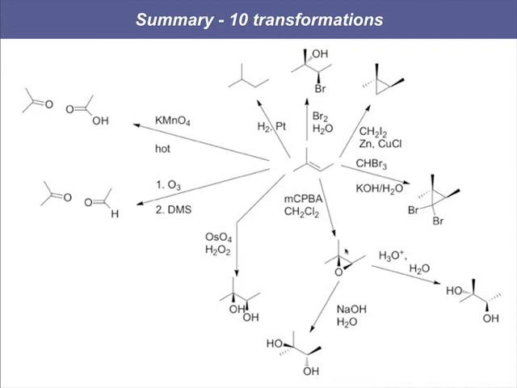We can ring open that epoxide under acidic conditions, adding to the more substituted side, or we can ring open it in basic conditions, adding to the less substituted side, but always from the back side of the ring. We are always opening the ring from the back side in an SN2 type fashion.